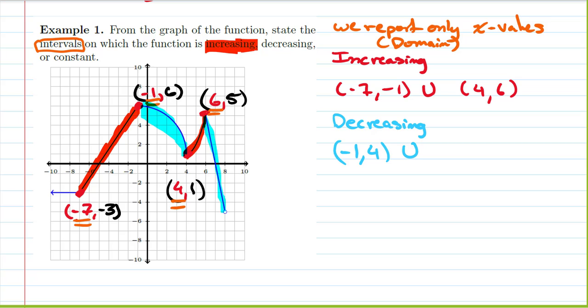And then our graph decreases again from 6 to 8, and it went all the way down to -5, which we don't care about, and it decreases from 6 to 8.